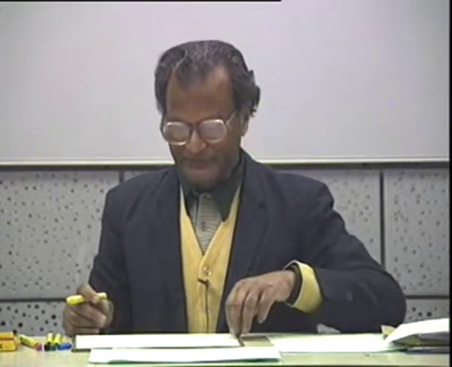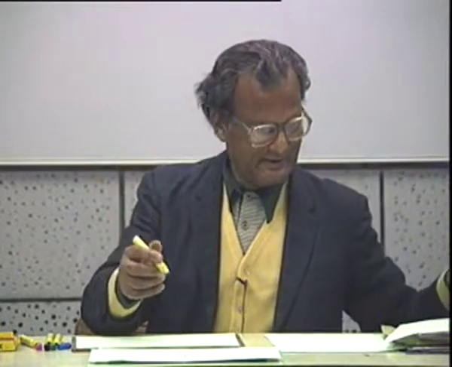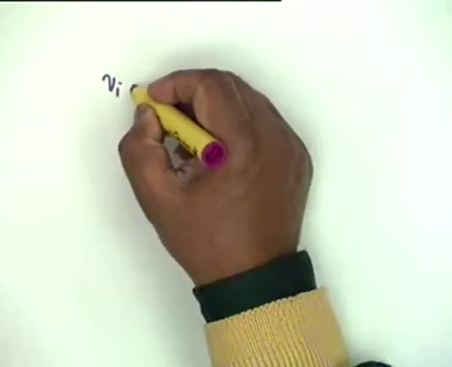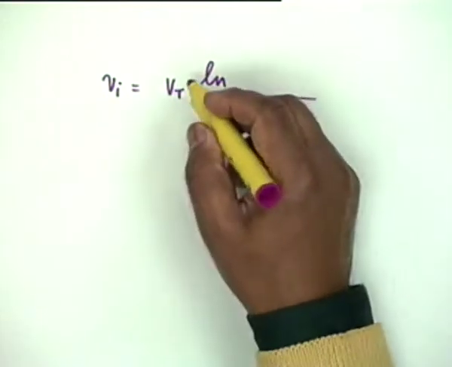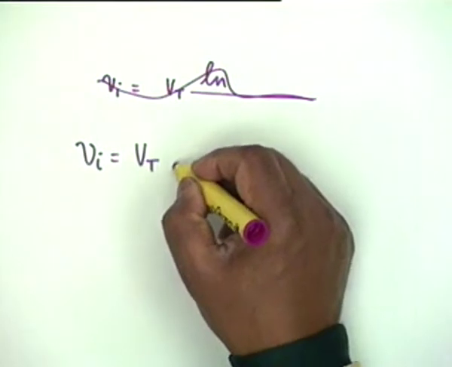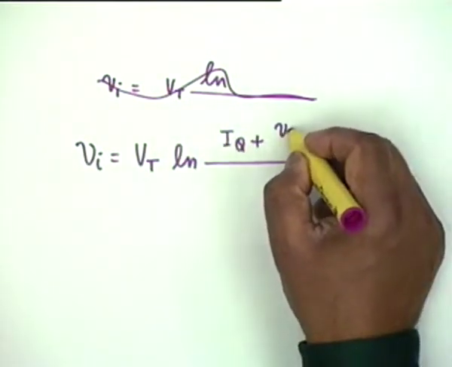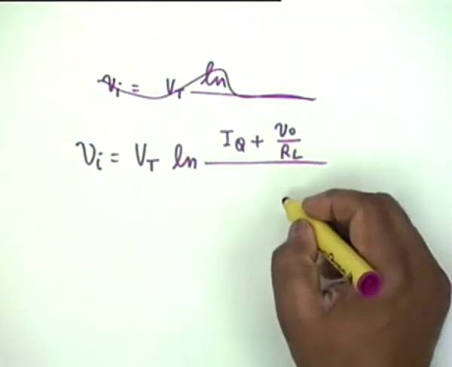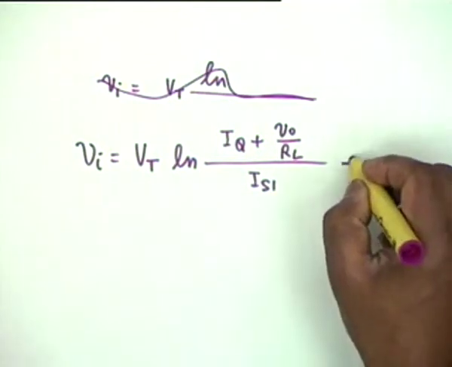Okay. However, if we go back to the relationship, what was the relationship? Vi was equal to Vt log of (IQ plus V0 divided by RL) divided by IS1, plus V0.